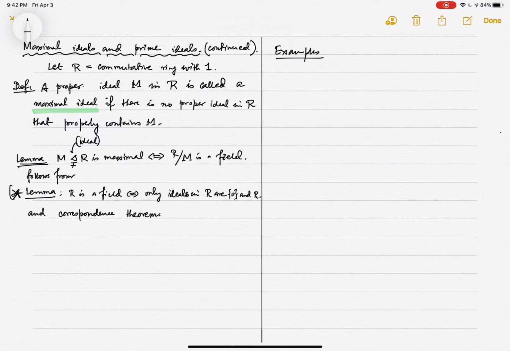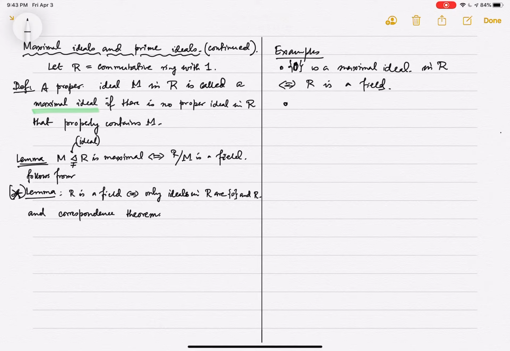This lemma already says that 0 is a maximal ideal in R if and only if R is a field, because 0 is the only proper ideal, so it's a maximal ideal if and only if R is a field.